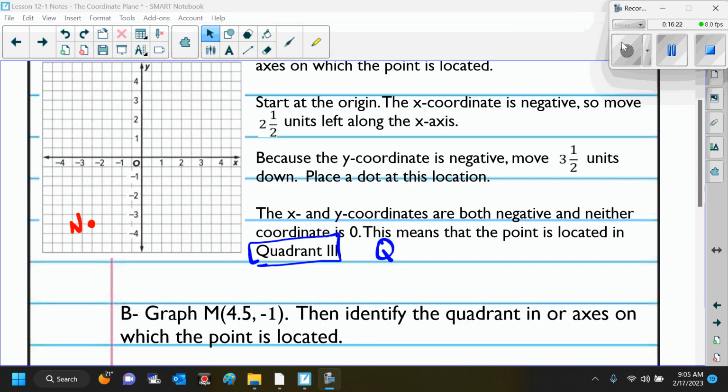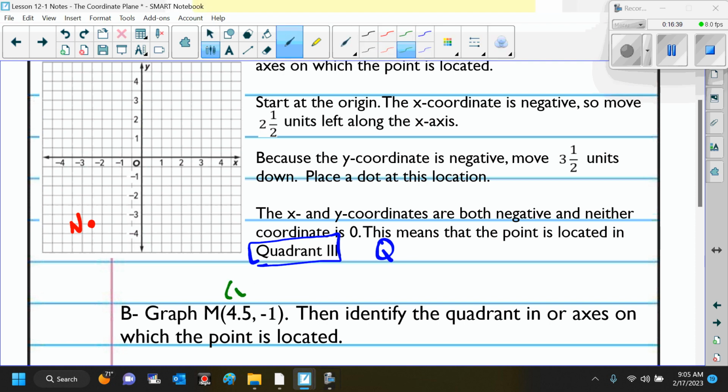Okay. So now you're going to use the same coordinate plane, and you're going to do example 3B. So we're going to graph point M, which is positive 4.5, comma, -1. So again, this is x, comma, y, and we're going to start at the origin.